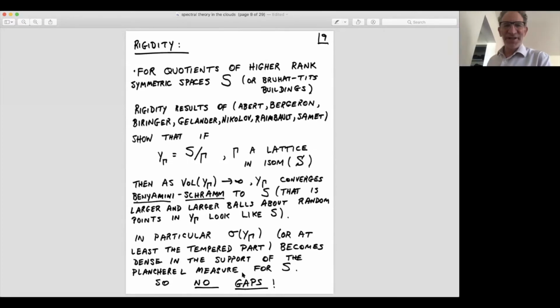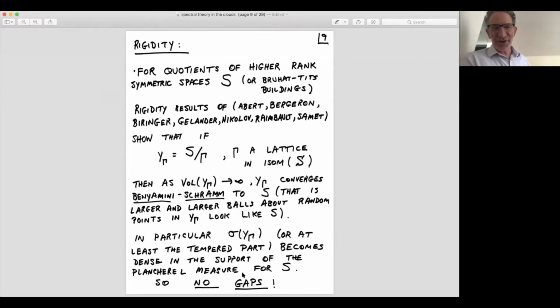Let me point out, however, that if you go to higher rank, there's a remarkable feature that you can't ever create gaps. So suppose I have a higher rank symmetric space, or the combinatorial analog, Ramanujan buildings. By the way, the next 2 slides are fancy material. Ignore it. I'll come back to 3-regular graphs if you don't like this.